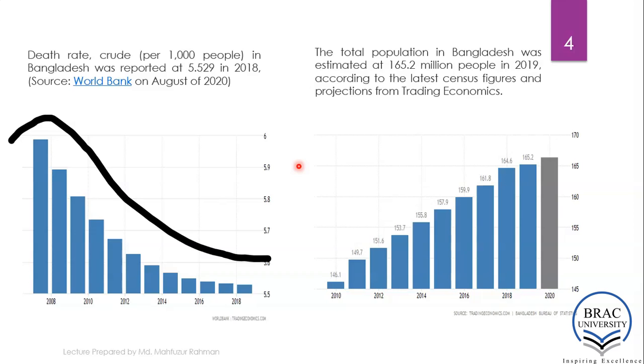Similarly, on the right side, we have the population data of Bangladesh, from 2010 up to 2020, which is still estimating the value. In 2019, the total population was 165.2 million, and you can see a sharp increase. As the year increases, the population value also increases.